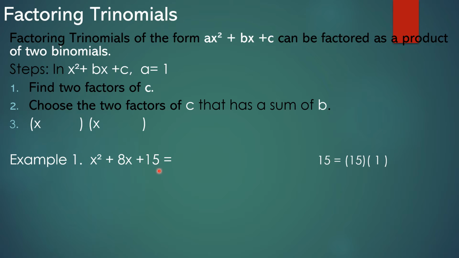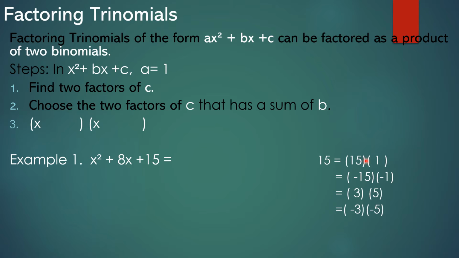The value of c is 15, and the possible factors of 15 are 15 times 1, which is positive 15, negative 15 times negative 1, also positive 15, 3 times 5, 15, and negative 3 times negative 5, that is 15. But we're going to choose the two factors of c that have a sum of b. The value of b is 8 here.